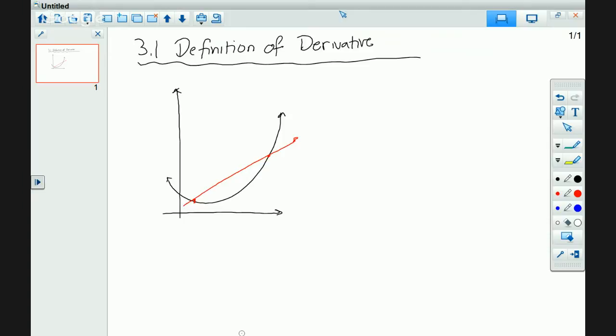So I'll give you some limits problems and you've got everything played out. Okay, that is called the secant line, correct? You can calculate the slope of it, right?